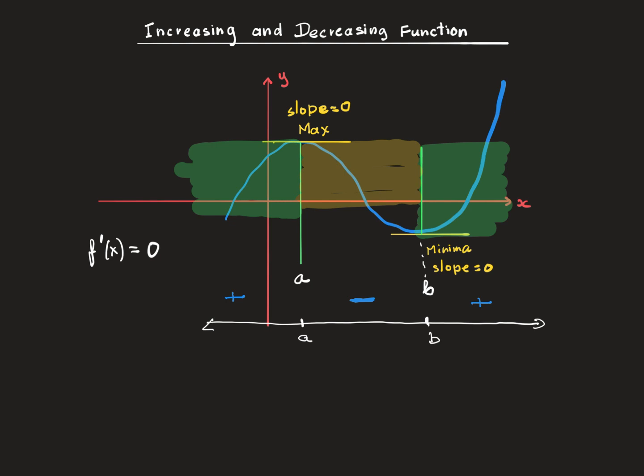Well, in this case, we can say that the function is increasing for all values of x when x is less than or equal to A and when x is greater than or equal to B.